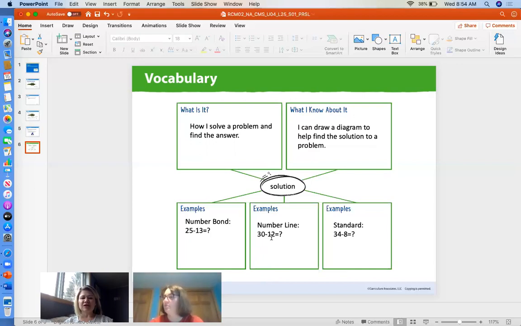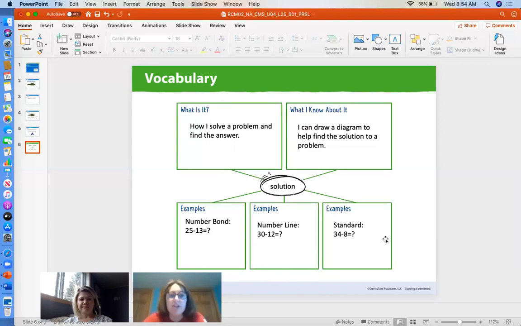And you can either count up from 12 until you get to 30, or you can start at 30 and go backwards until you get to 12. It's your choice. Most of the time we have decided that counting up is easier, but again, it's your choice. So you're going to do whatever your brain likes best, or maybe you want to challenge yourself and then you can check your work.